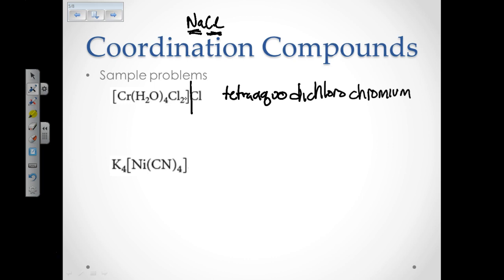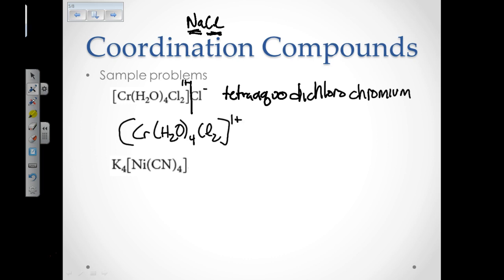Now, one of the things we have to do is know the charge on chromium. So this is where it gets to be kind of crazy. What's the charge on chloride? Okay, well, that's a minus charge. So that means the charge on this complex ion has to be 1+. So Cr(H2O)4Cl2, all of this has a 1+ charge.